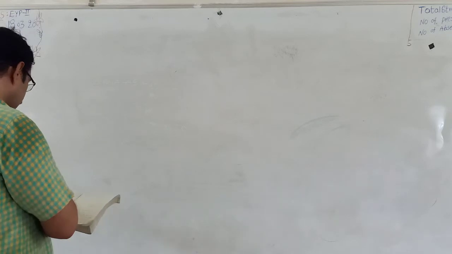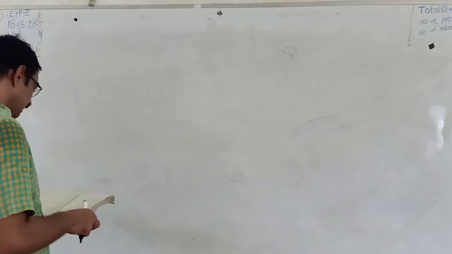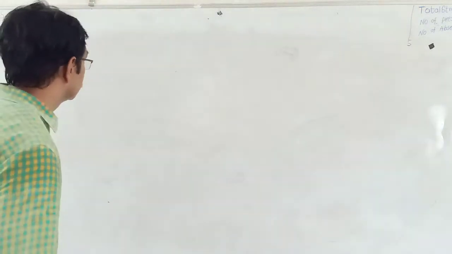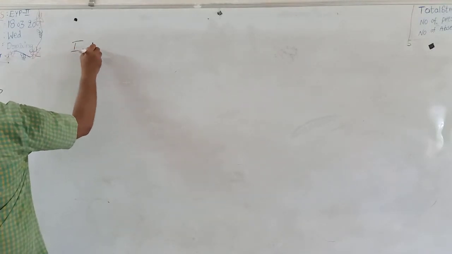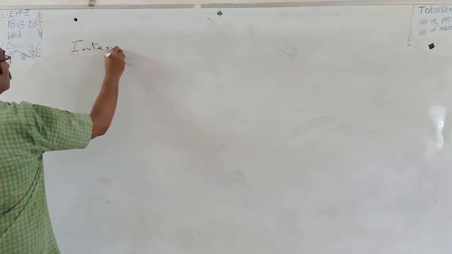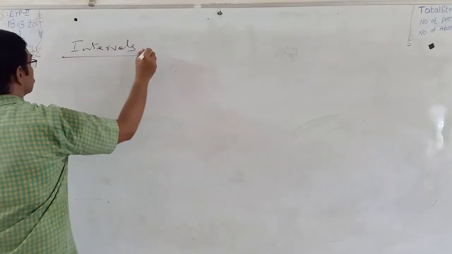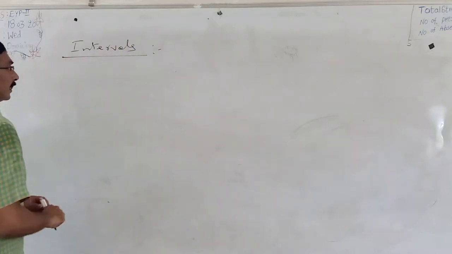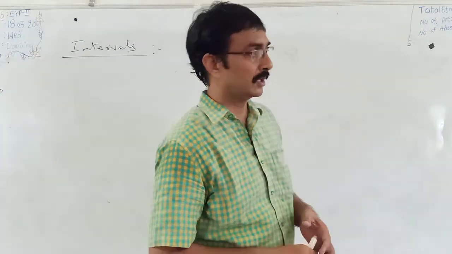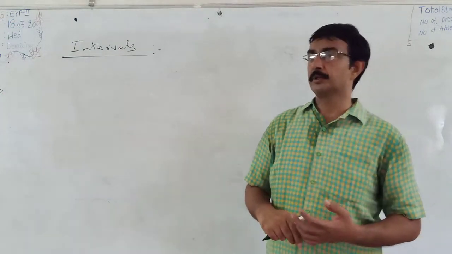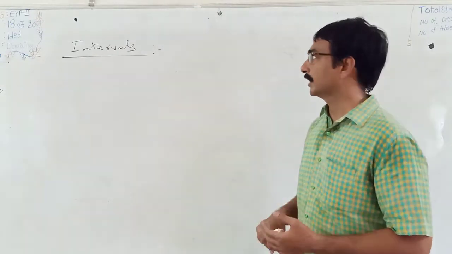Before explaining the fourth standard result, see some basics. That is first one, intervals. Intervals are of four types: closed interval, open interval, left closed right open interval, left open right closed interval.